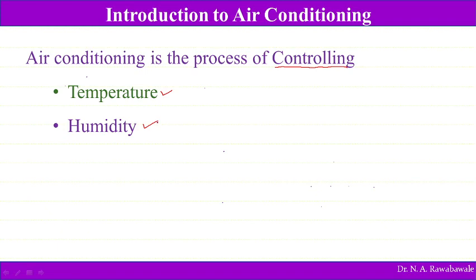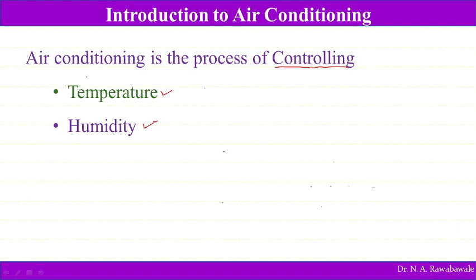Humidity is one of the important parameters, and in air conditioning we have to control it, depending on the requirement. For human comfort, humidity is different. For preserving food grains, humidity is something different. Sometimes we need to preserve perishable items such as fruits and vegetables, and that humidity is to be maintained in a particular range. So depending on that, humidity has to be varied.